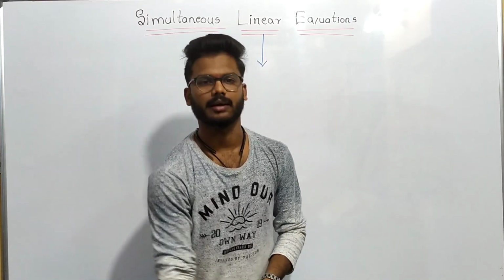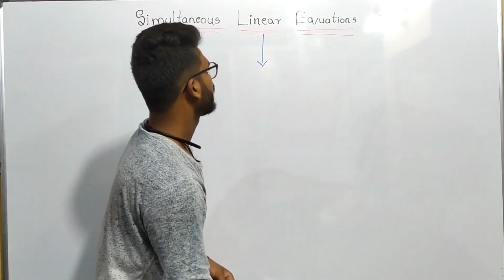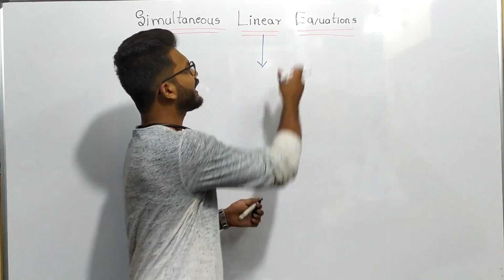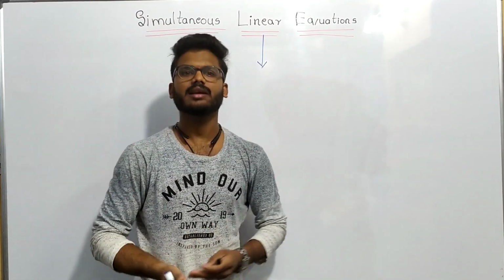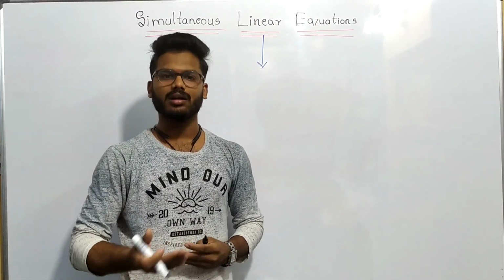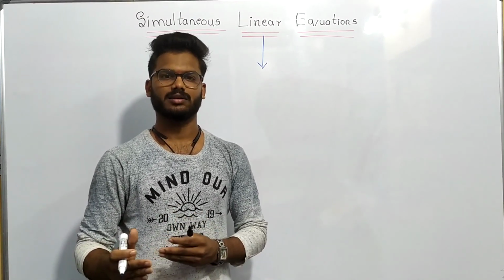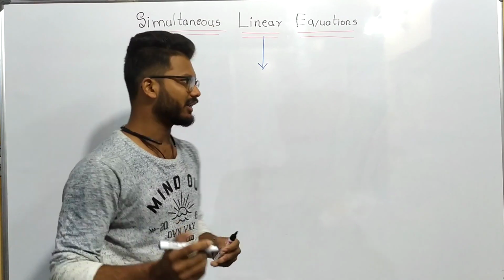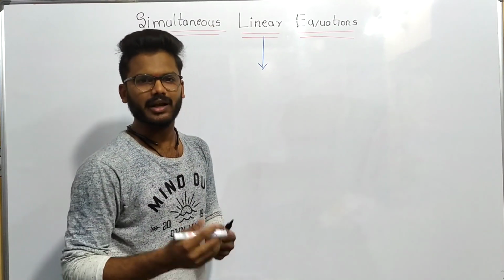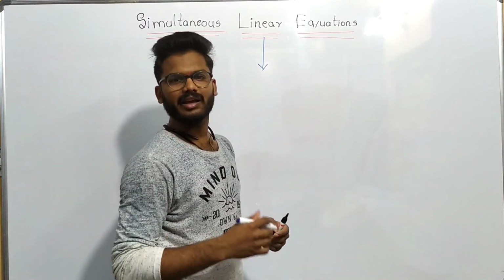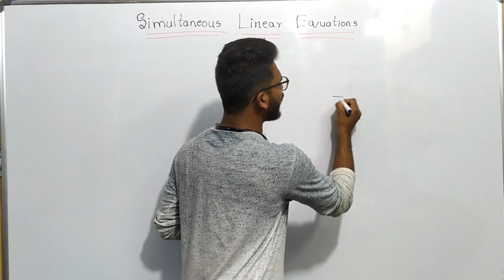See here. First, you all know what an equation is? An equation is nothing but any algebraic expression which equates to something. Simply, you can call it any algebraic expression with equality.